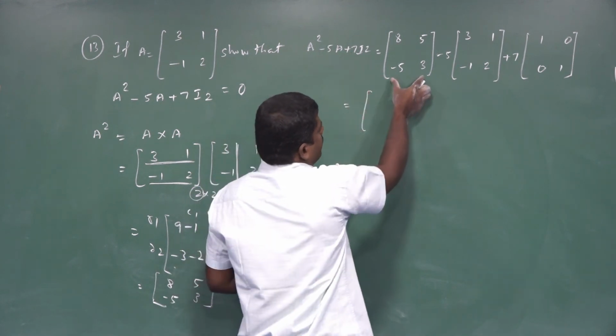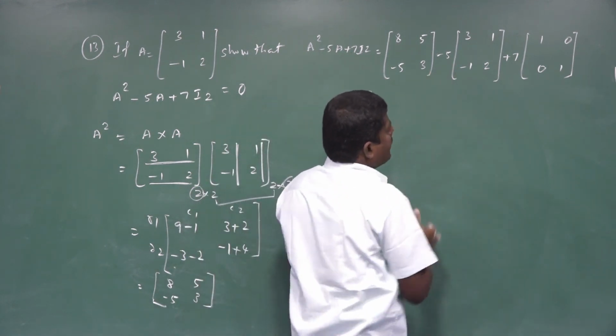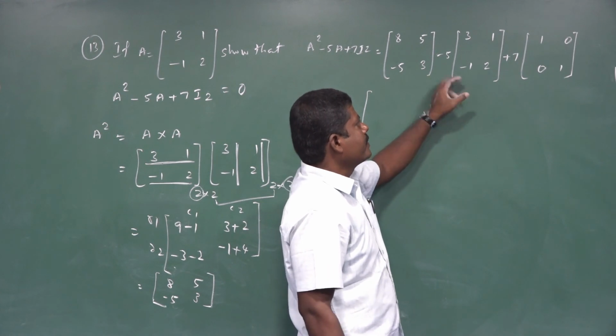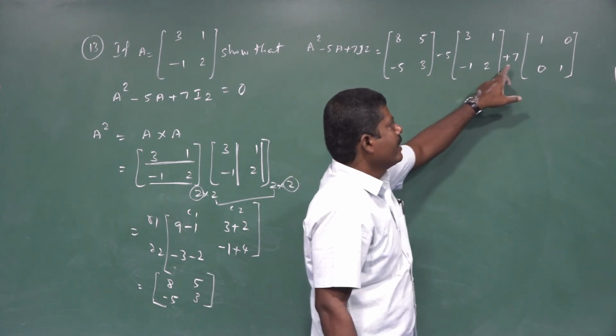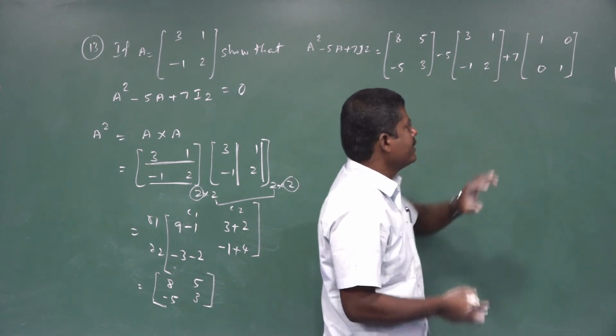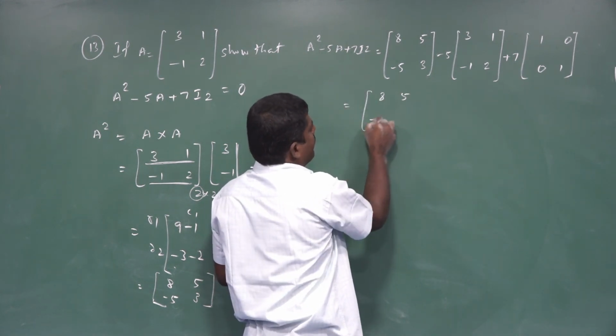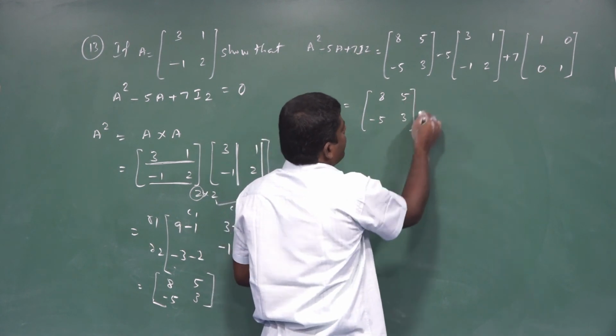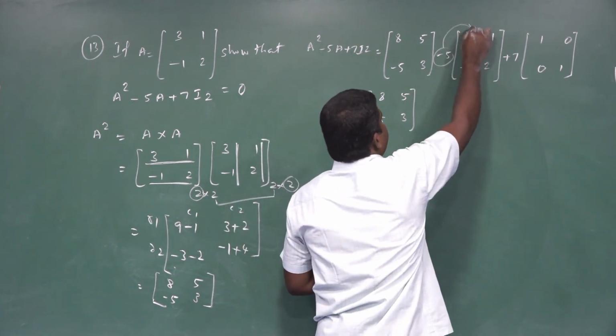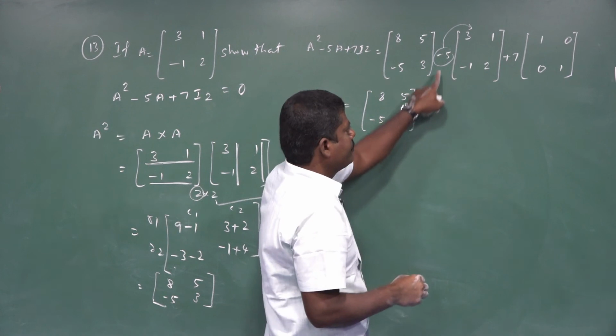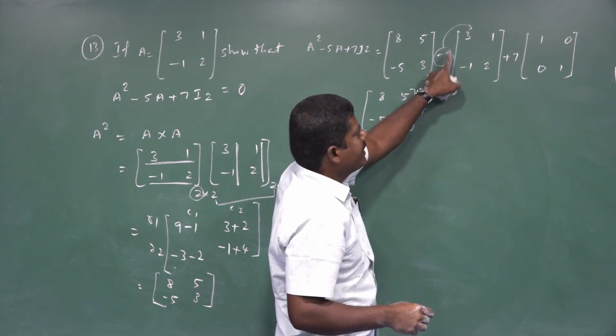Before adding and subtracting these three matrices, first you want to multiply this 5 inside. Here also want to multiply 7 inside. You keep this matrix as it is: 8, 5, minus 5, 3. This minus 5 multiple inside means the outer sign becomes positive. Directly you multiply minus 5 inside.